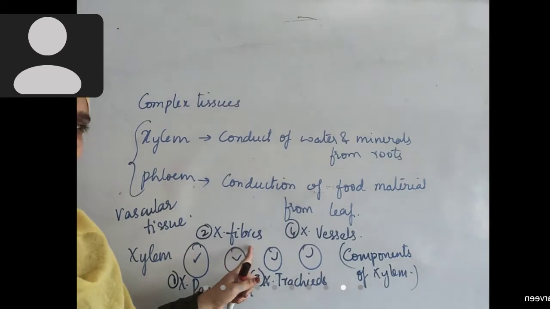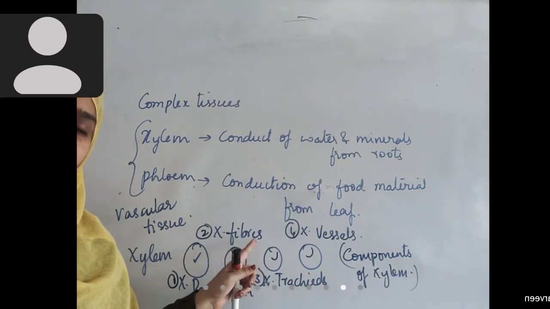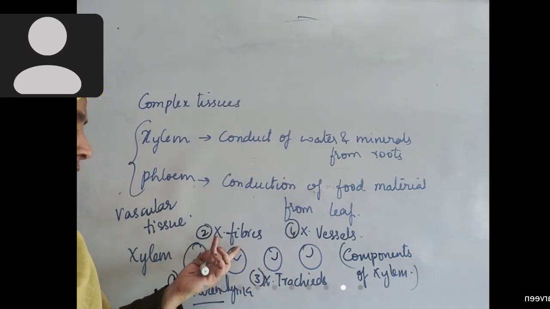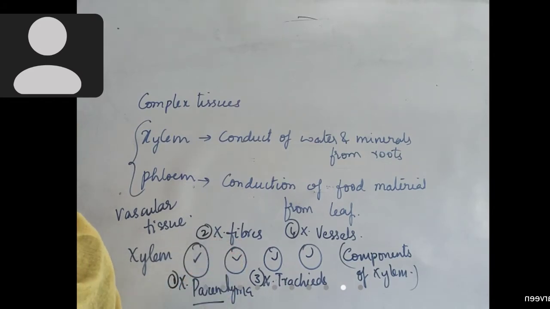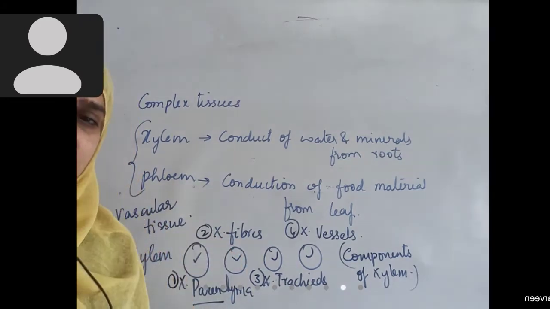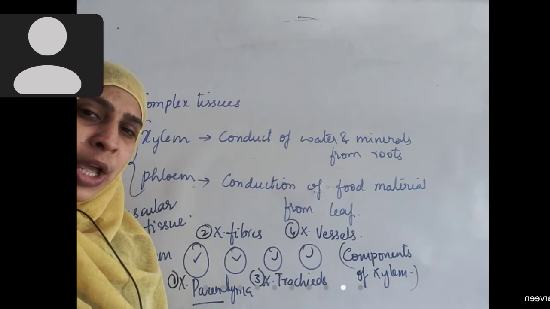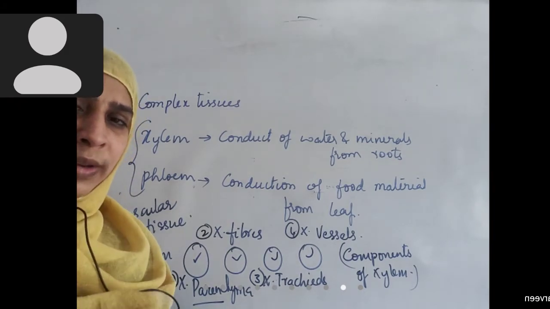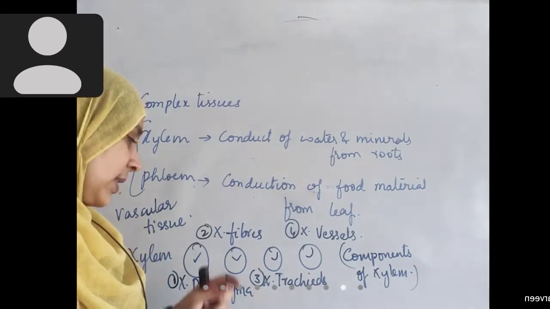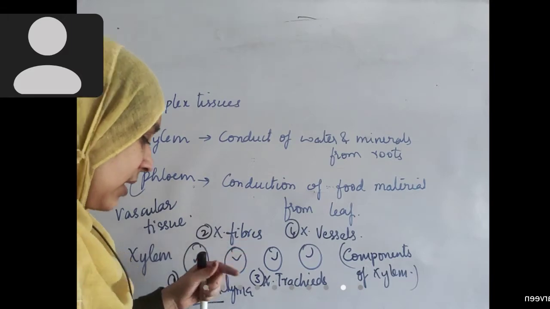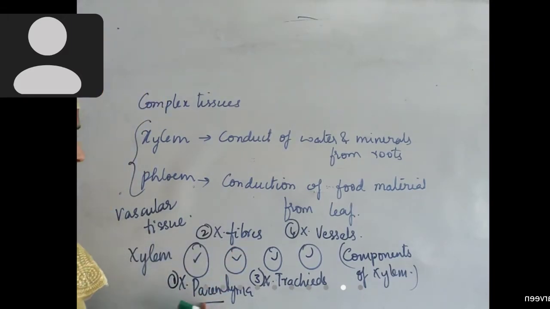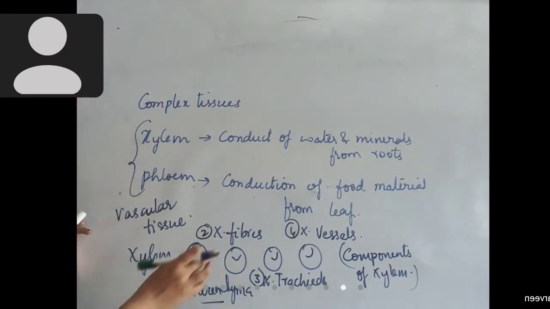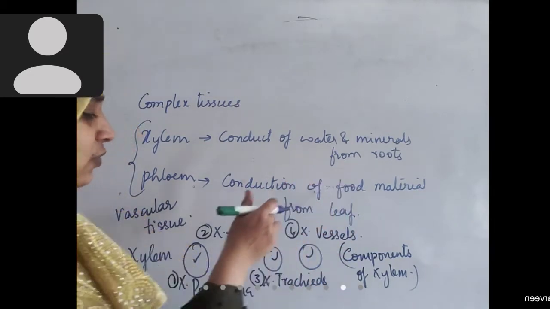Next, xylem also needs mechanical support. So xylem fibers are the same as sclerenchyma fibers. We have already studied sclerenchyma fibers, 2 mm to 550 mm in length, which provide mechanical support. So we need not study again what is parenchyma and what is fiber. What are tracheids and what are vessels, we'll see now.